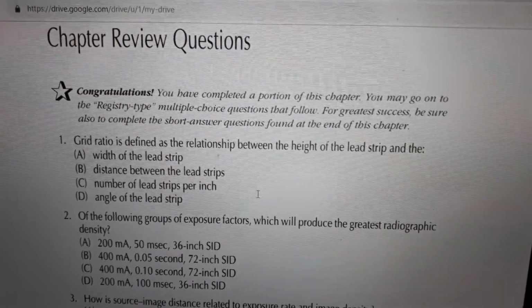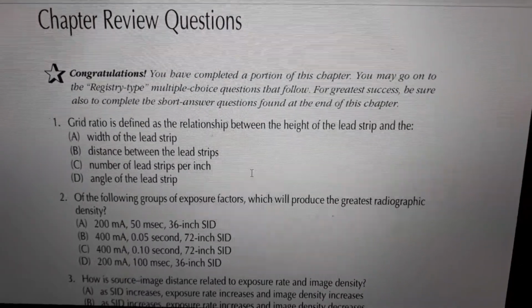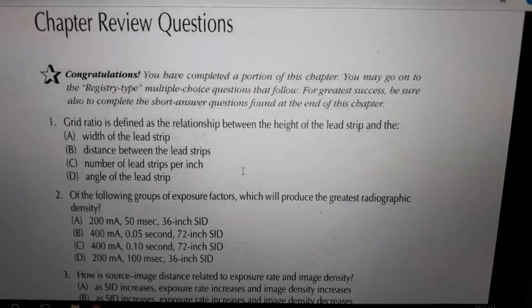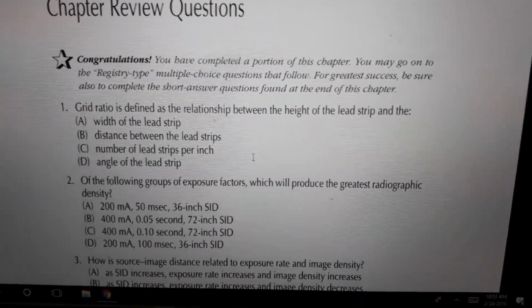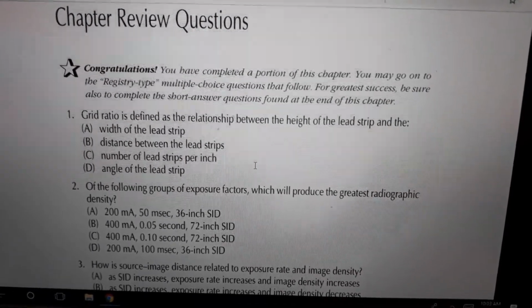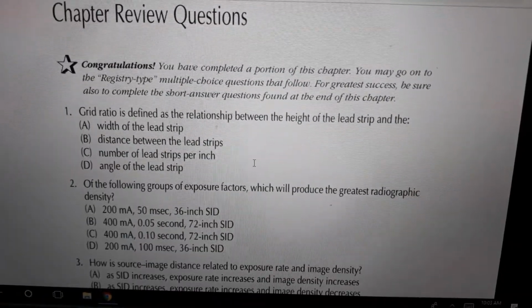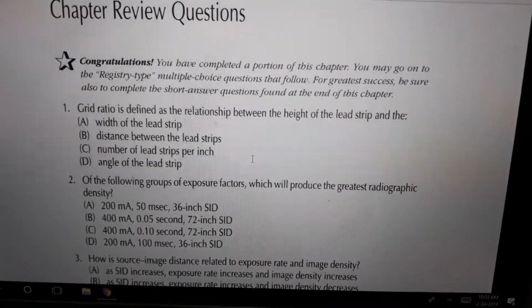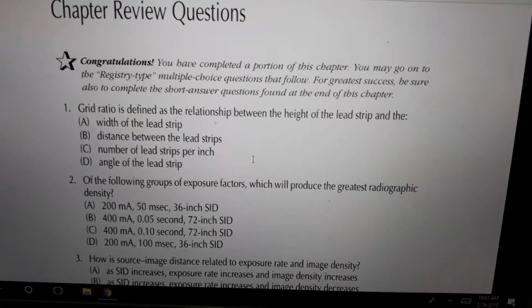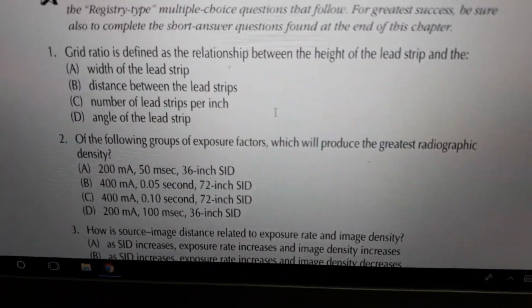Now quick questions. Grid ratio is defined as the relationship between the height of the lead strip and the answer is the distance between the lead strips. The second one: which of the following groups of exposure factors will produce the greatest radiographic density?